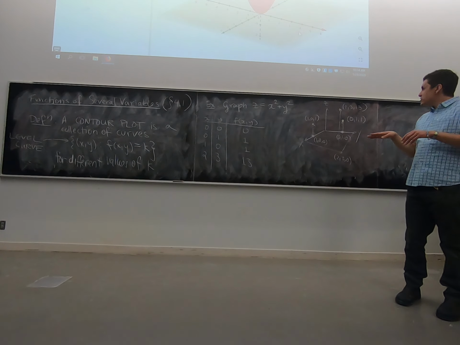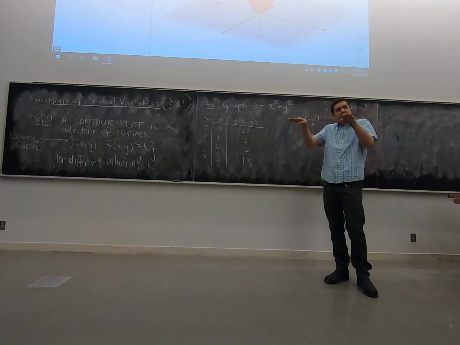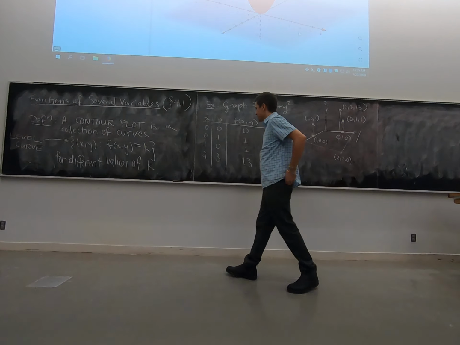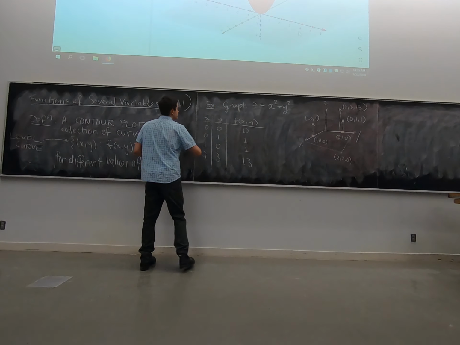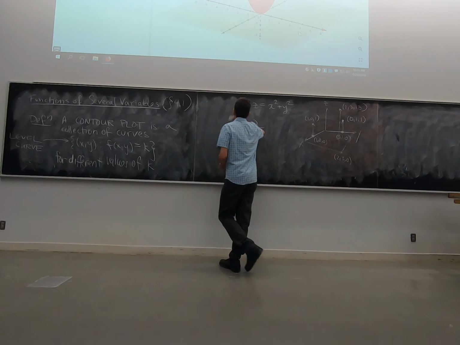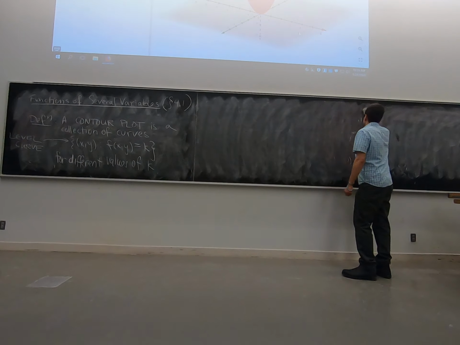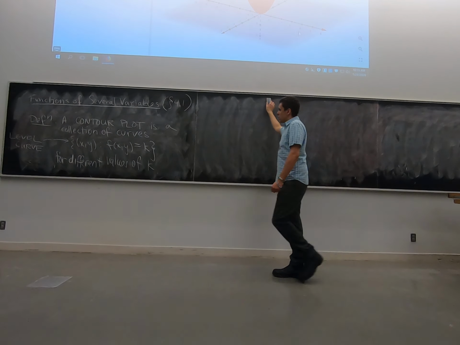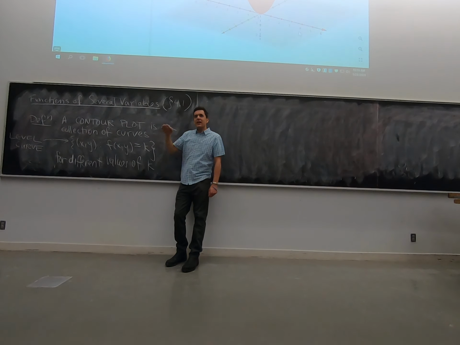Right? So if we imagine taking a cut of our graph at z equals k, right? If we took a cut of our graph at z equals k, that would all be at the same height k. If we were to walk along that curve, we would never go up or down.